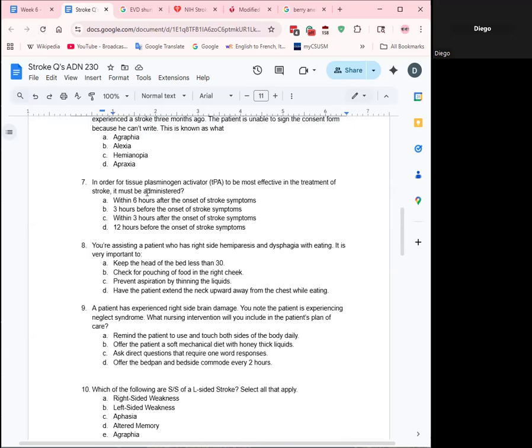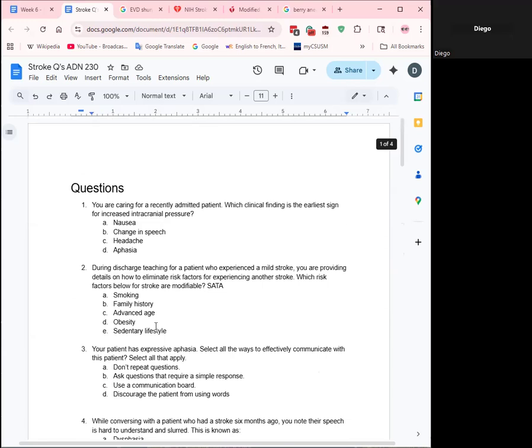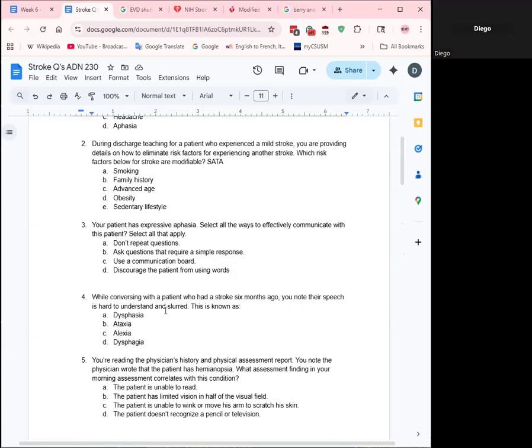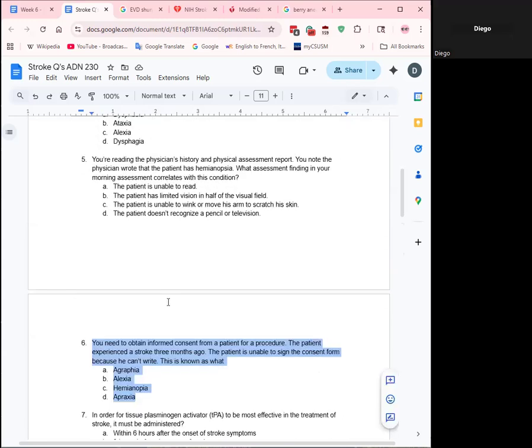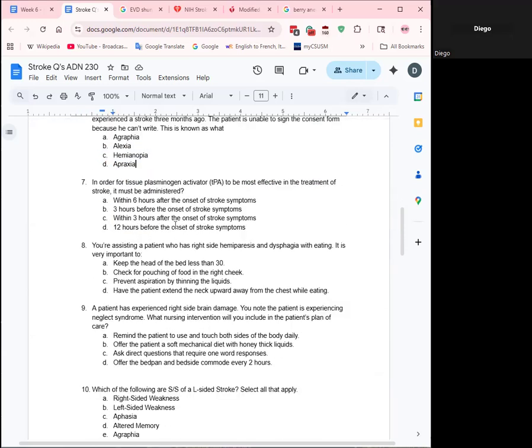Okay. Now, you don't expect questions to look like this, they're not going to be like, what's the definition of, you guys know the drill at this point, but just to make sure you have the medical terminology aspect of it. Okay, so in order for TPA to be the most effective, when must it be administered?